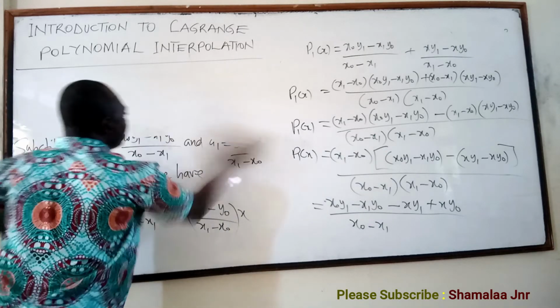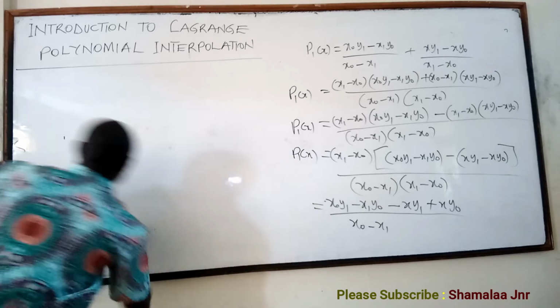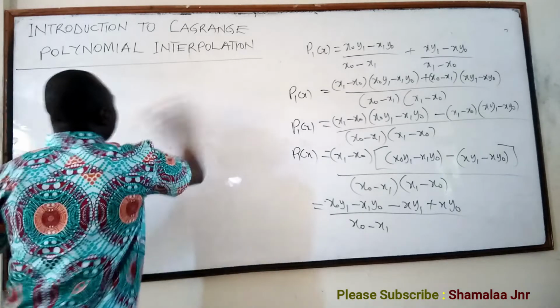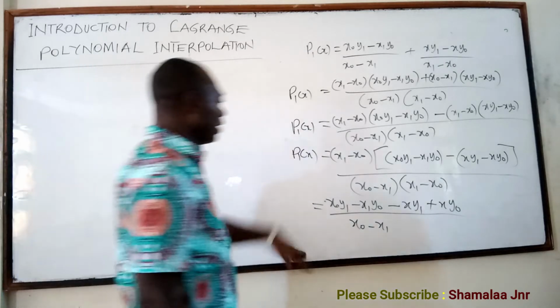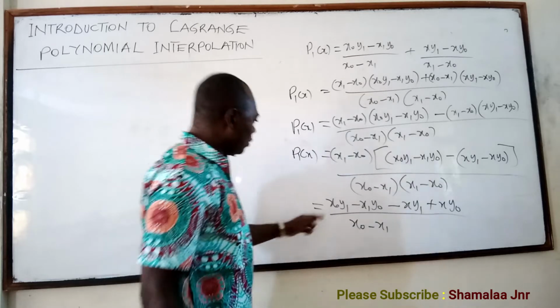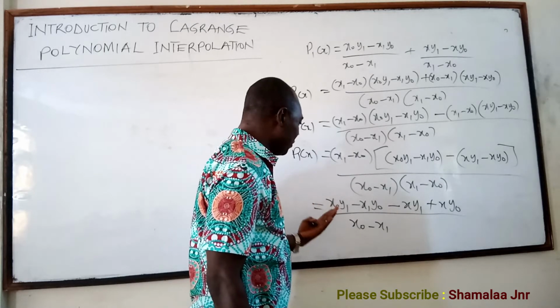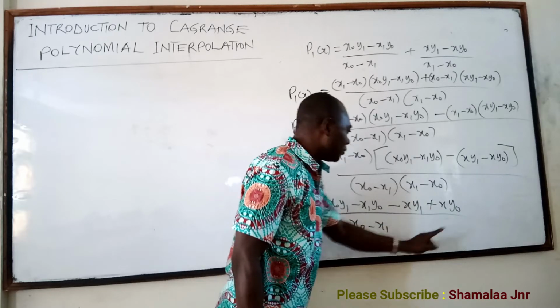Now, let's continue from here. You want to derive something, you want to come up with something. That's why we're going through all this. And it's not difficult at all. Now, let's try to group the like terms. This is y1, y0, y1, y0.